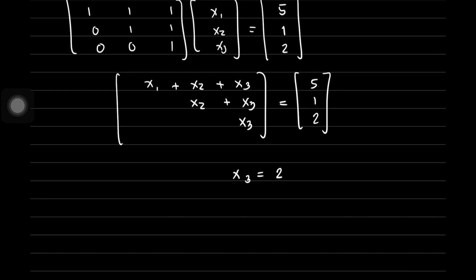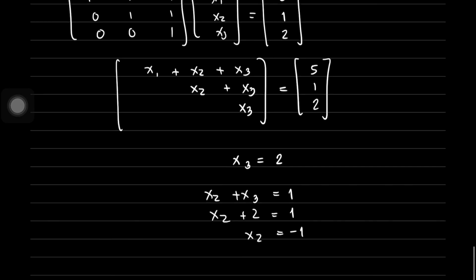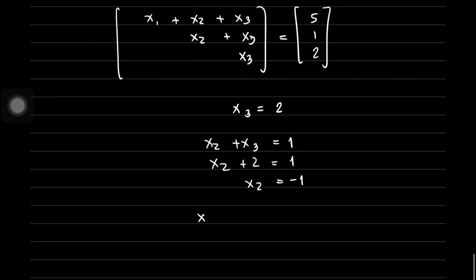Right? So the first value we can determine here is x3, which is equal to 2. The second one would be x2 plus x3 equals 1. But since x3 is equal to 2, x2 plus 2 equals 1, so x2 equals negative 1. And for x1, we have x1 plus x2 plus x3 equal to 5. So x1 plus negative 1 plus 2 equals 5.